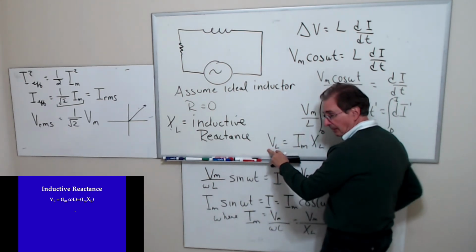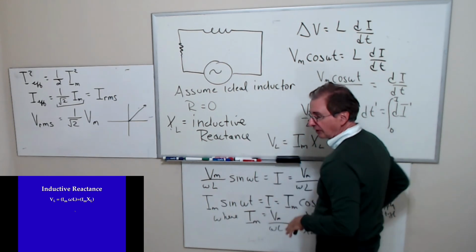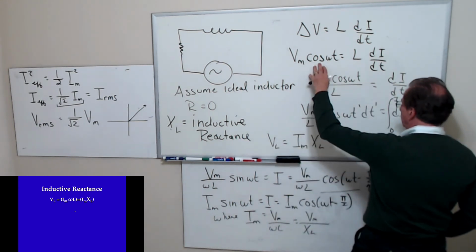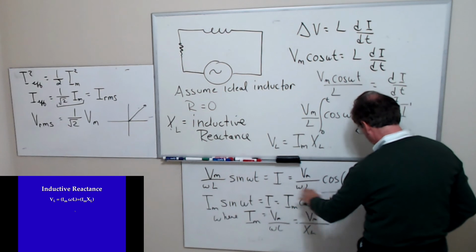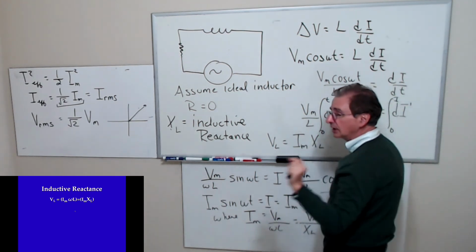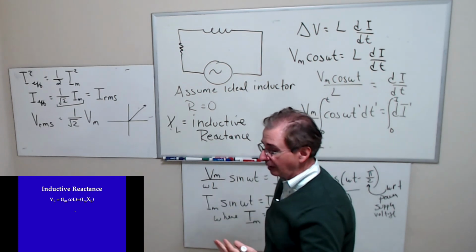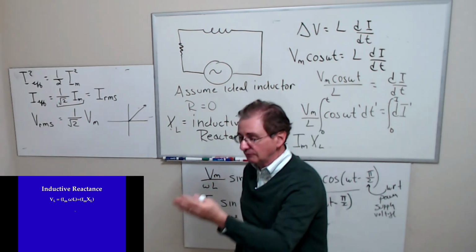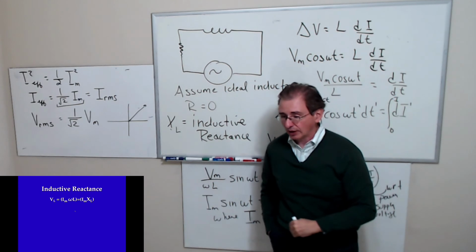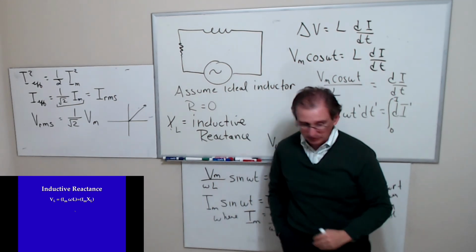Remember, this represents the maximum value, not a function of time. If I want the RMS value, I take those maximum values and divide by the square root of 2 to get RMS values.